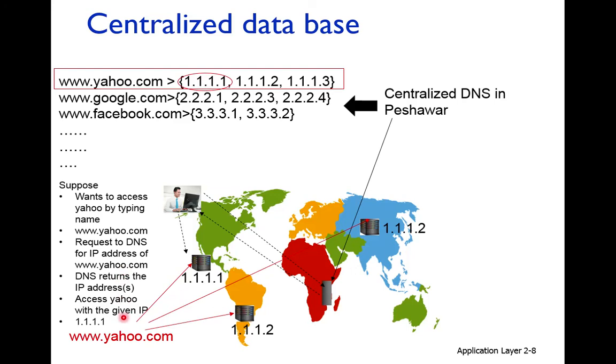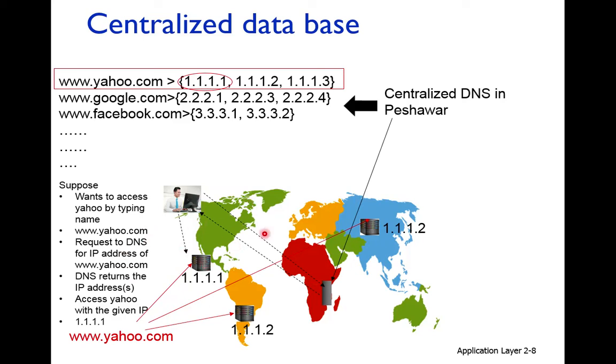This is its advantage. But what is its disadvantage? When the user accesses yahoo.com, it first goes to DNS to get the IP address of yahoo.com, and after getting it, then it accesses yahoo.com. So this is the disadvantage.